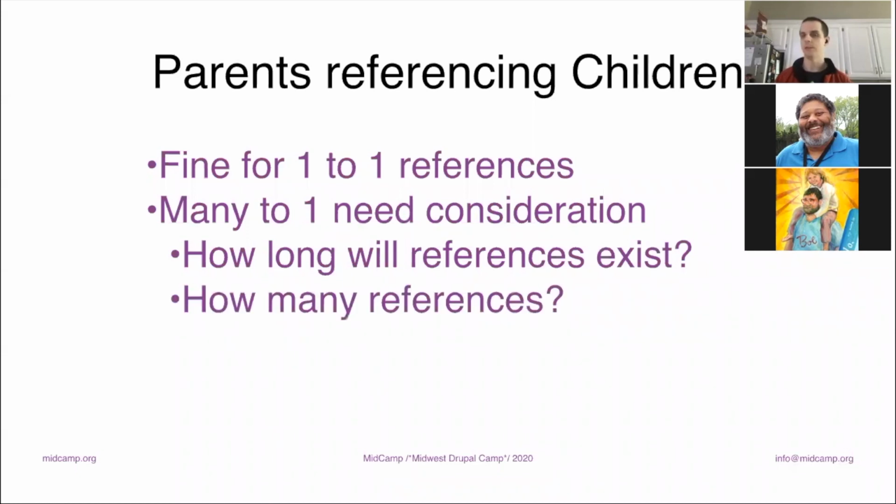So how many references are going to be there? Are we going to archive references over time? What does that look like? And there are UX considerations that need to be made here. Like, if we're going to do this, what's the UX of it going to be?